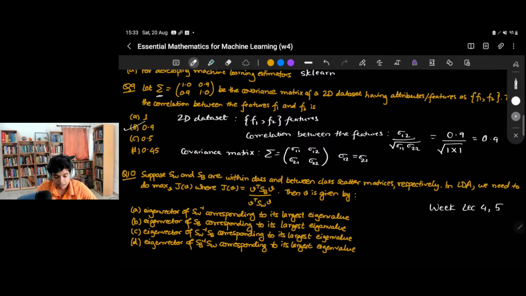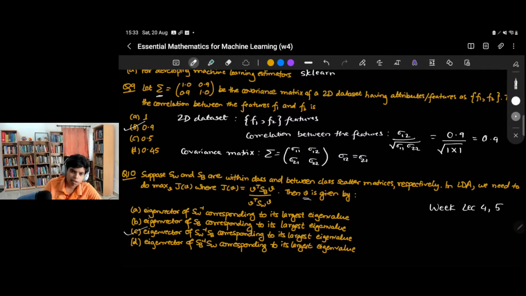Then in LDA, we need to maximize this J(V) expression, which is V transpose SB V over V transpose SW V. Then V is given by the eigenvector of SW inverse SB corresponding to the largest eigenvalue, and the eigenvector corresponding to that eigenvalue is going to be your V.